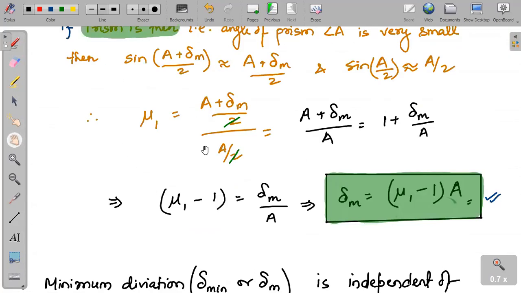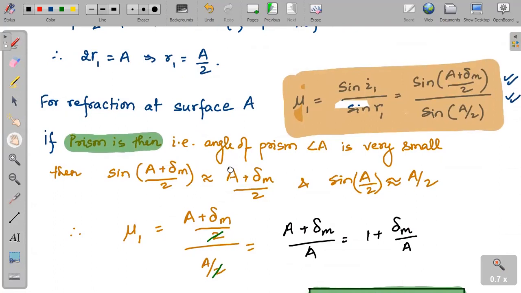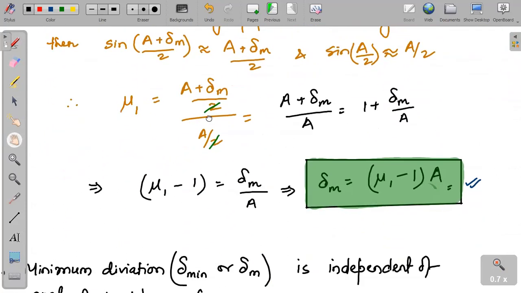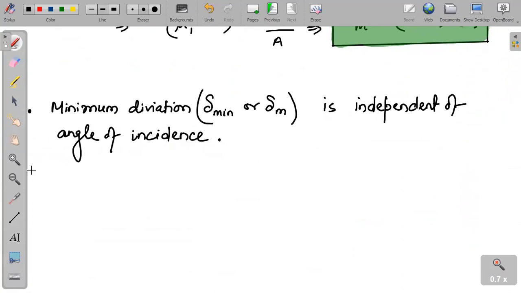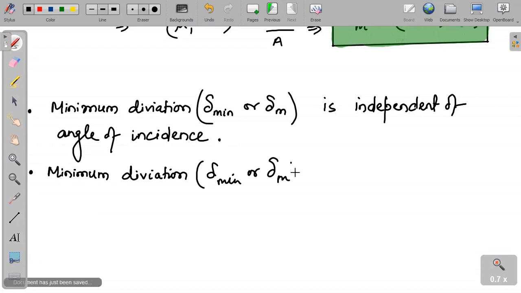For minimum deviation, again delta M only is directly proportional to angle of prism A.